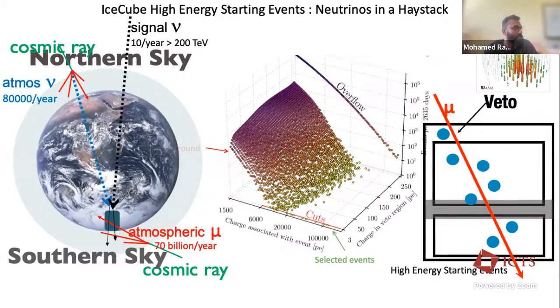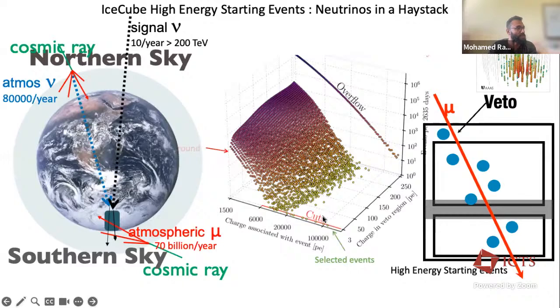So at the highest of energies, the relative number of astrophysical neutrinos versus atmospheric neutrinos is biased towards more astrophysical neutrinos. And so you take the total amount of charge deposited within the detector, and you select only the events that deposited more than 6,000 photoelectrons within the detector, but within the outermost layer of the detector, which you define as a veto, you insist that within that same trigger window, the least amount of charge was detected.